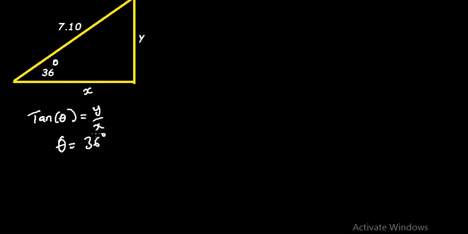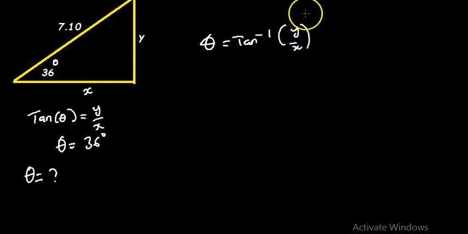Given that the tangent of the angle is equal to the ratio of the length of the opposite and the adjacent side, the next thing we need to do is to solve for theta. In this case, we can set theta to be arctan of y divided by x. Next, we need to substitute our values.